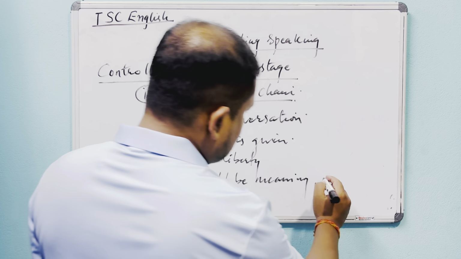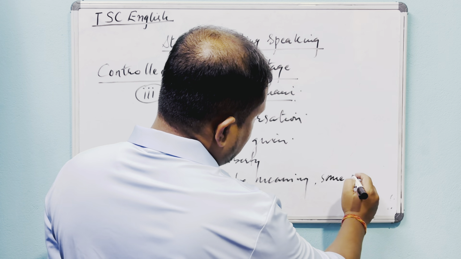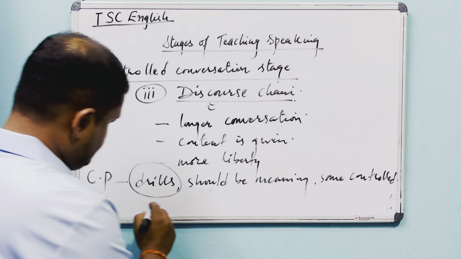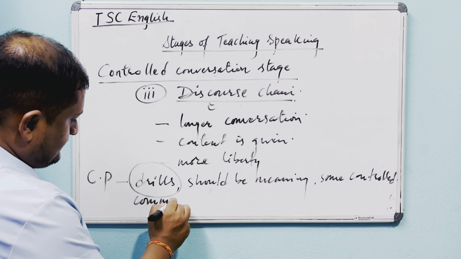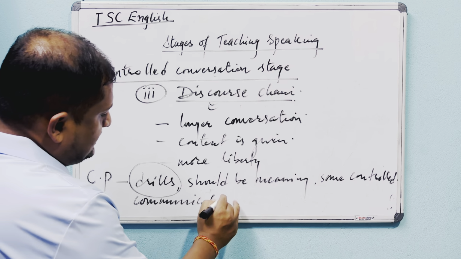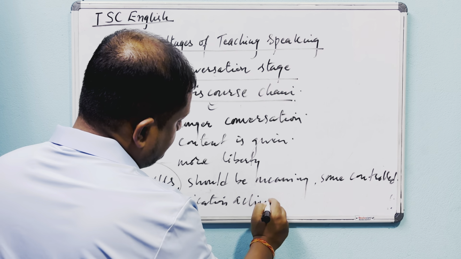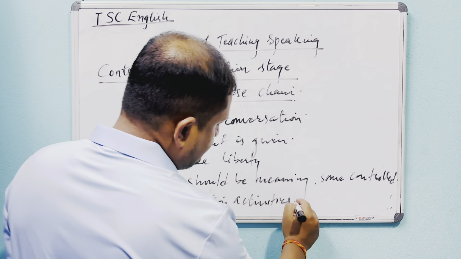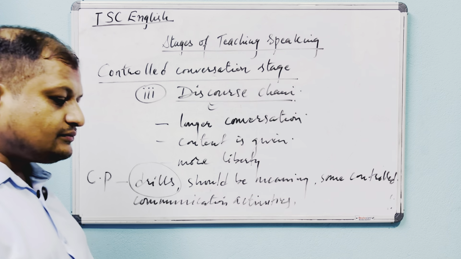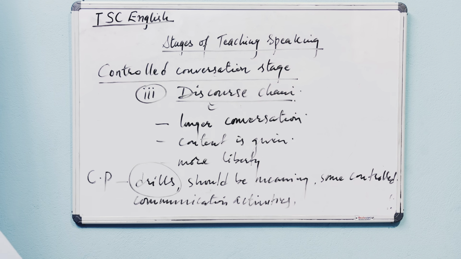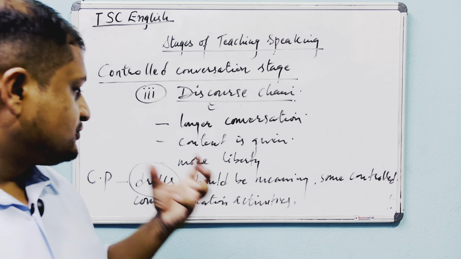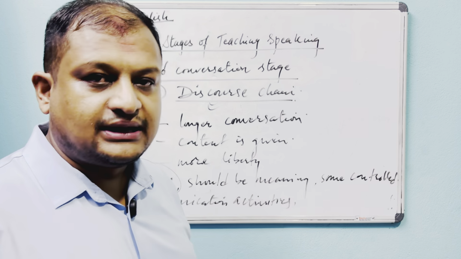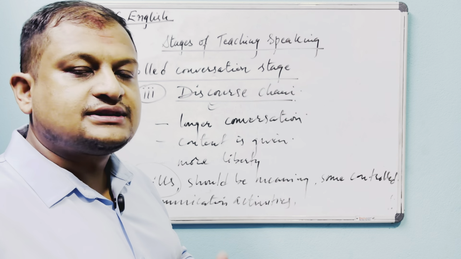And then some controlled communication activities will also be there. Activities will be given, and students are given more opportunity to share their ideas, to speak or to use the language in real life situations, creating the context inside the classroom.